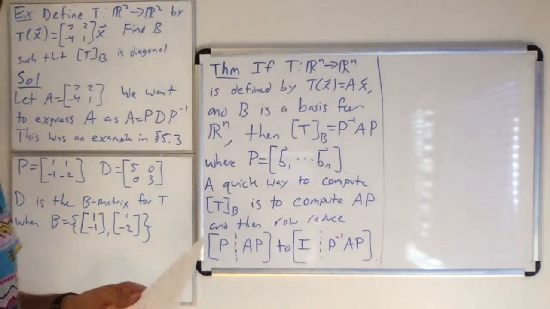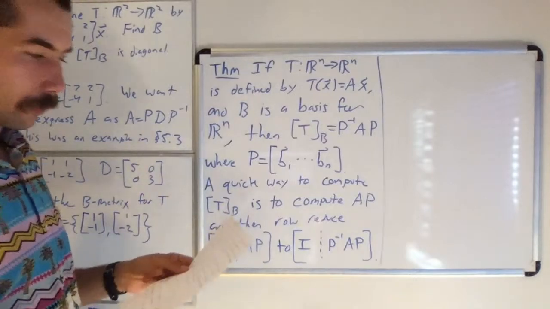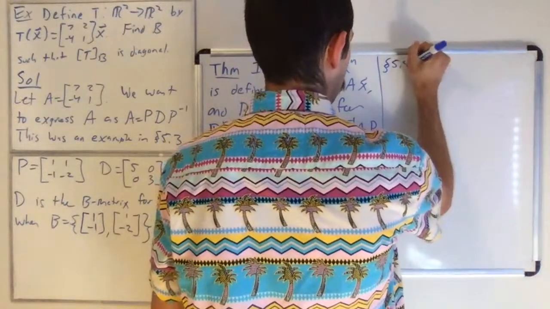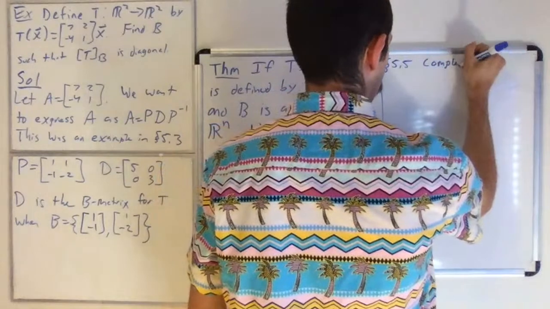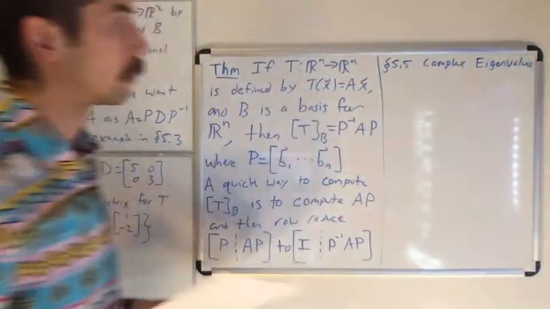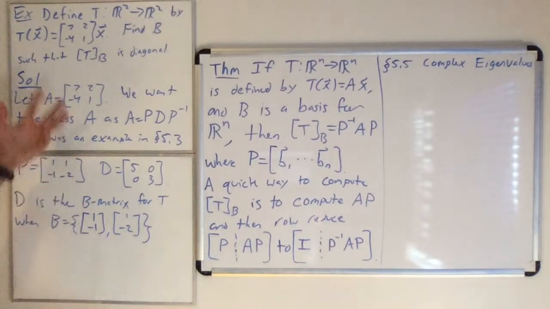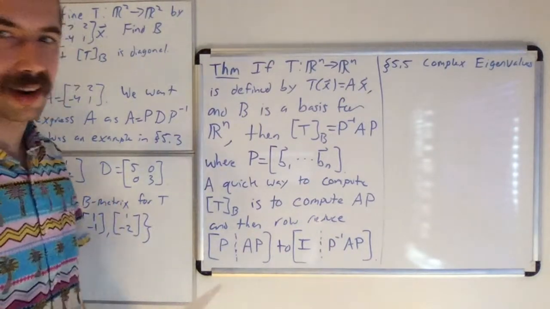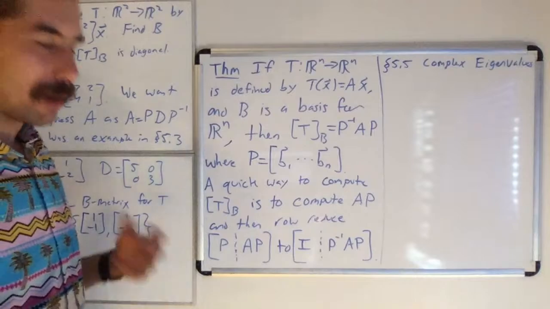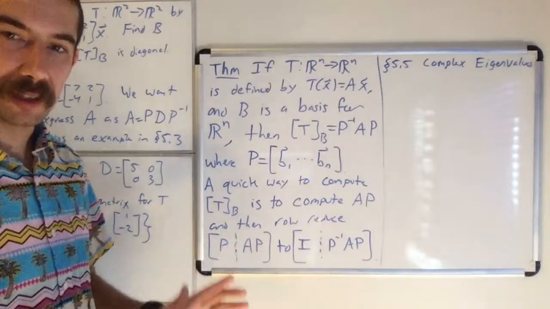Now we'll move on to our last section for this test, which is 5.5, complex eigenvalues. We haven't worked with the characteristic equation today, but what we've seen so far is that the solutions have always been lambda equals some real number.